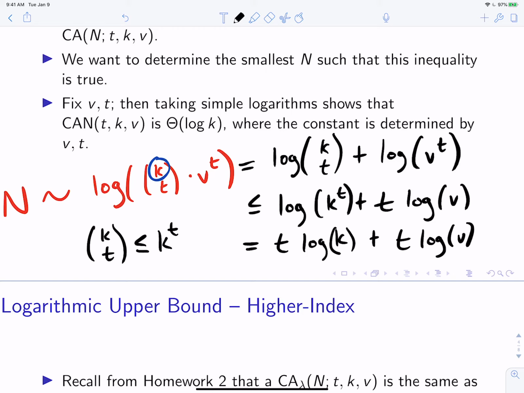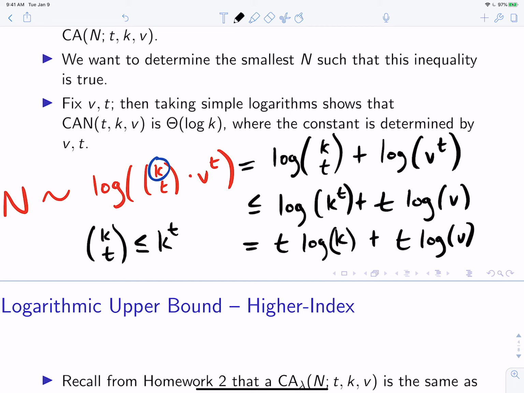So this bound actually is dependent on v and t, right? Because it has a t log k and then a t log v in there, and the denominator involves v and t. But what if v and t were just a fixed number? They're just fixed and they don't grow. What does this tell us? Well, the t log v on the right-hand side, if v and t are fixed, is that going to ever change?